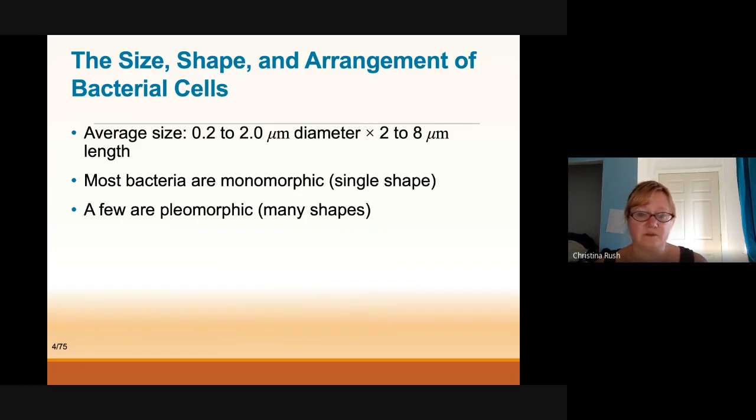This is one of those reasons why we do our taxonomy for bacteria based on their ribosomal RNA rather than their shape. They used to be characterized specifically by their shape, but because we have some pleomorphic bacteria that can change their shape on you, we really rely on that ribosomal RNA to group bacteria.